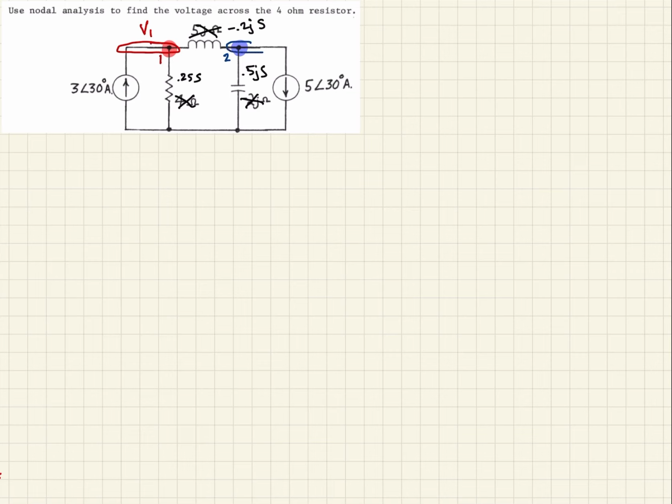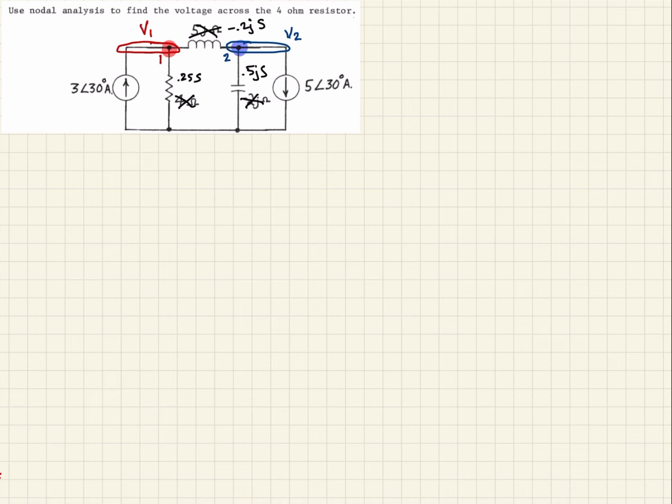Likewise, the extent of this node goes all the way here, and we're going to define the voltage here as V2. So what we're actually looking for is V1, the voltage across the 4 ohm resistor to ground. If we can find that, then we have solved the problem.